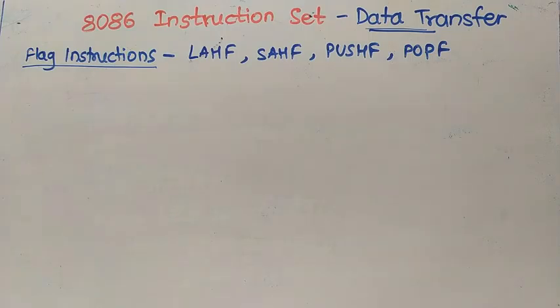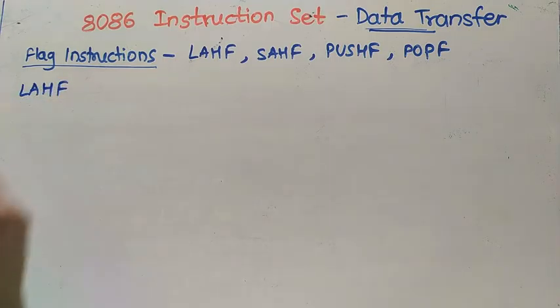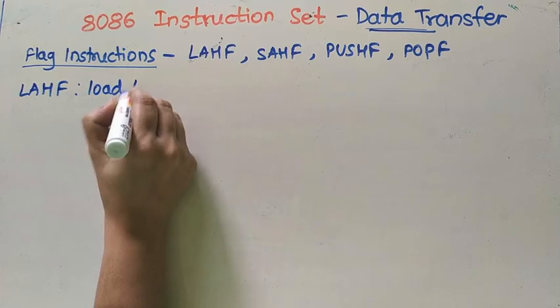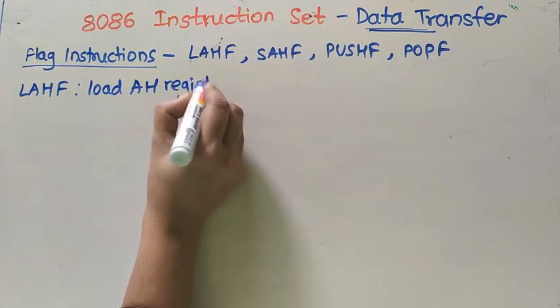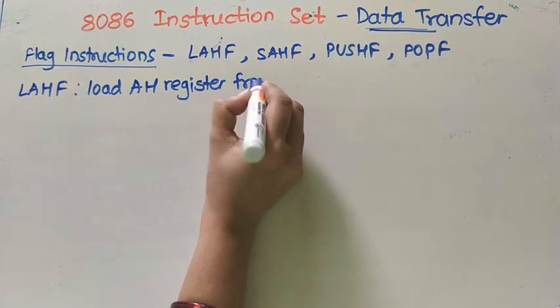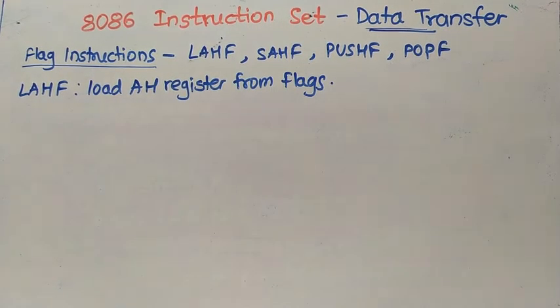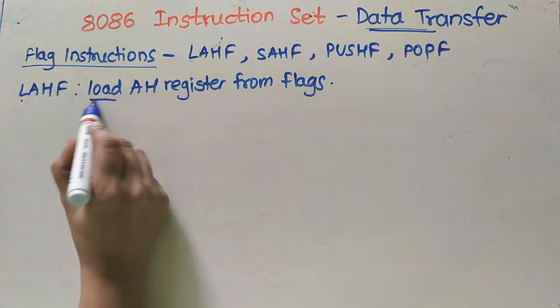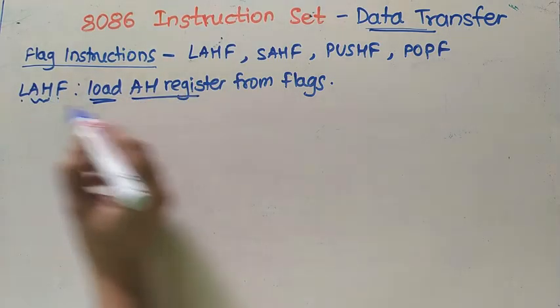So first instruction is LAHF. So what is this? This is load AH register from flags. So from this we can understand L for load, AH for AH register, and F for flags.